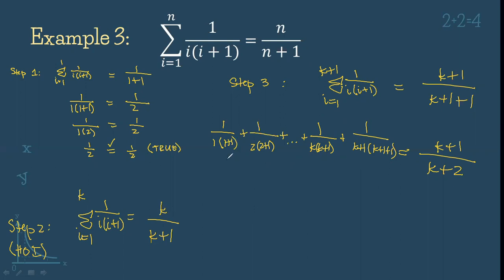So now, pwede natin siyang ma-rewrite into the summation of 1 over i times i plus 1 as i moves from 1 to k. Pero, ito pong part na to is actually equal to this one. So, ibig sabihin, pwede din naman po natin na i-rewrite na lang siya as k over k plus 1.